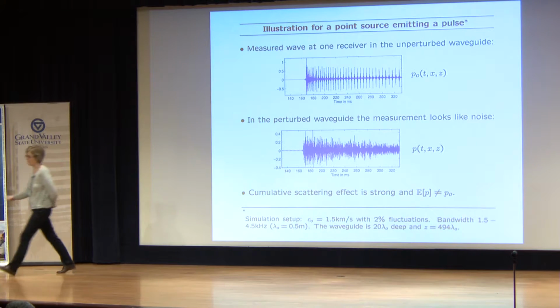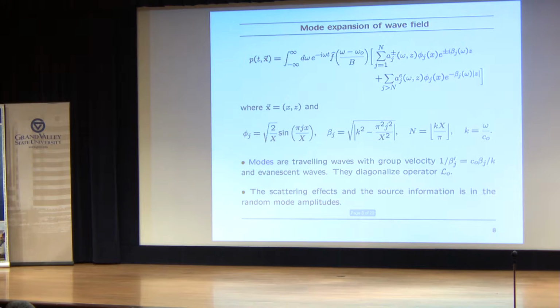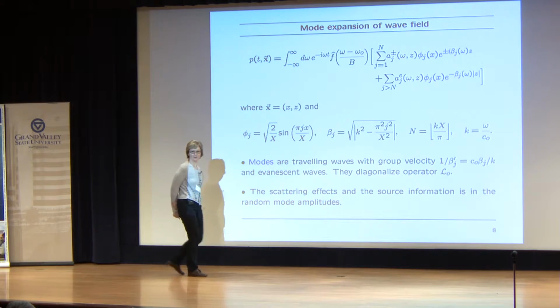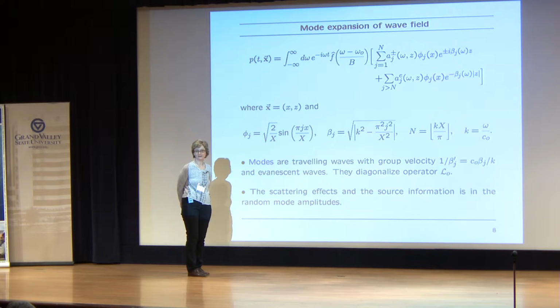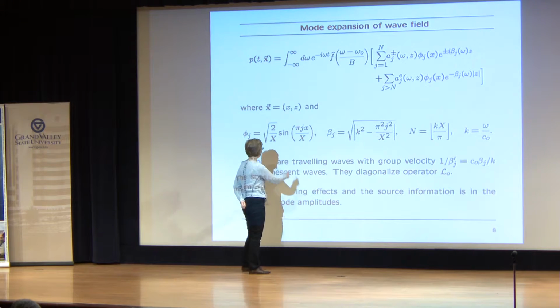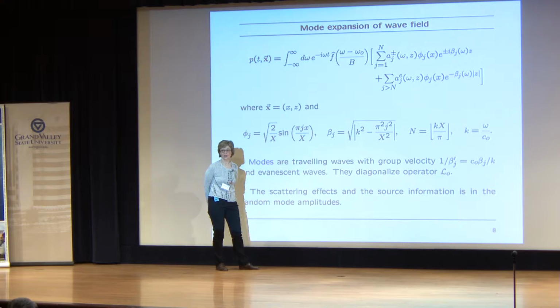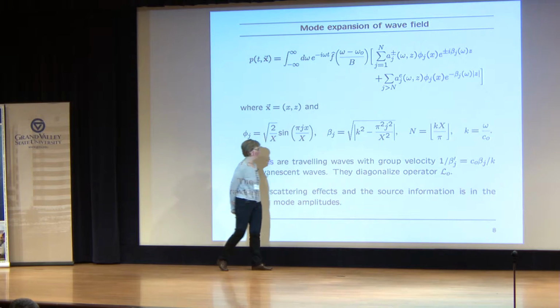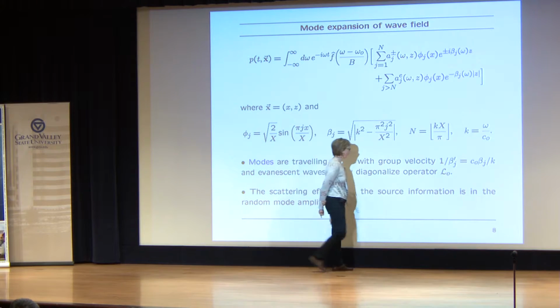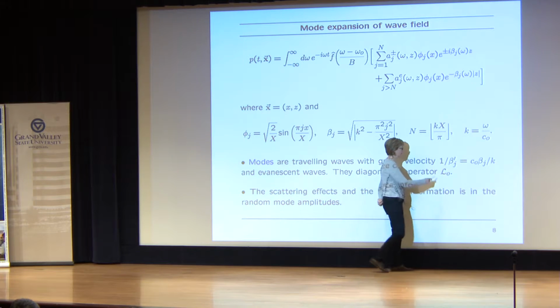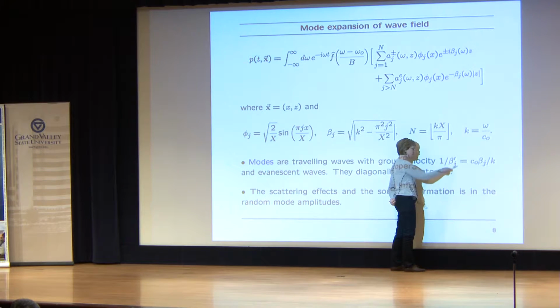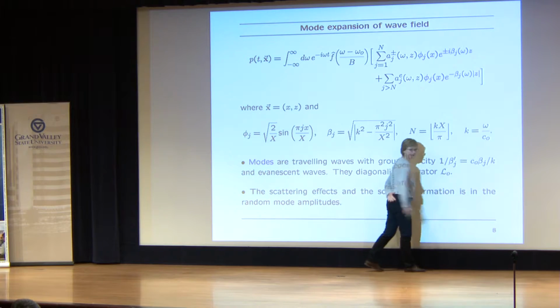Let me go back to remember: the wave is a superposition of modes, and here we are really looking at the traveling waves. These traveling waves propagate at different speeds. The waveguide is dispersive, so the different modes propagate at different speeds. The group velocity for a mode j is given here.